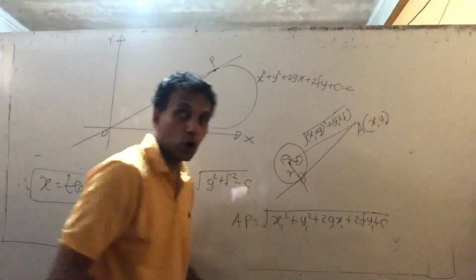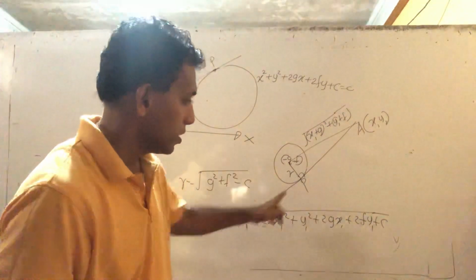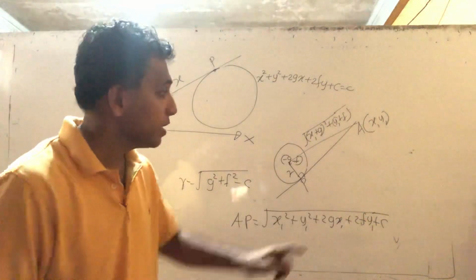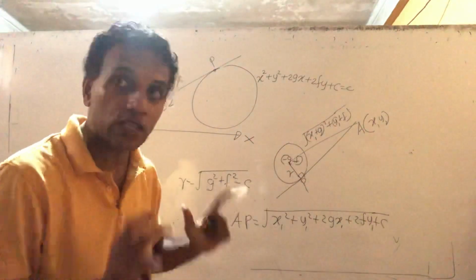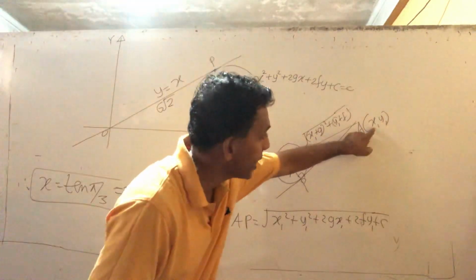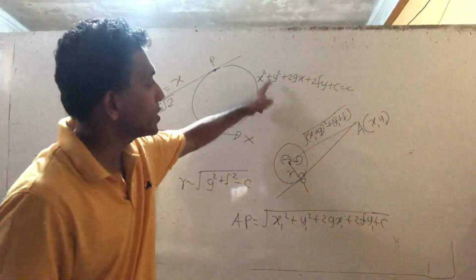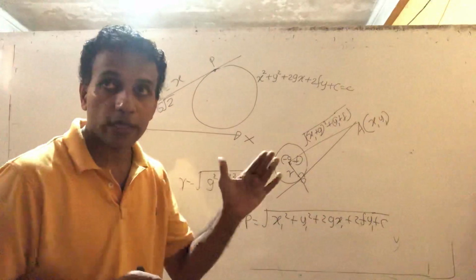I hope you completed the circle chapter in geometry. This is the way to find the length of the tangent drawn from an external point x1, y1. Easy knowledge. Put the coordinate in this equation, put a square root, and you have the length of that tangent.